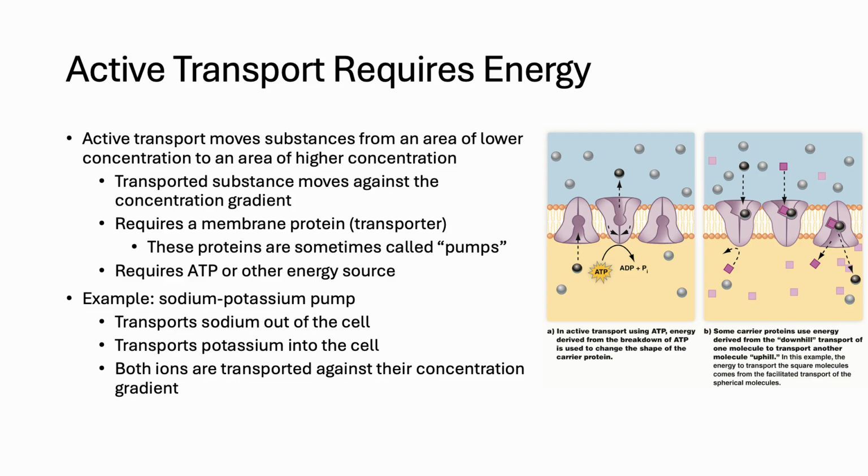This pump expels sodium ions from the cell while bringing in potassium ions, both against their gradients. By doing so, the pump not only regulates ion concentration but also contributes to maintaining proper cell volume and electrical charge. Active transport is essential when cells need to accumulate nutrients even if they are scarce outside, or expel waste even if its concentrations are higher inside.